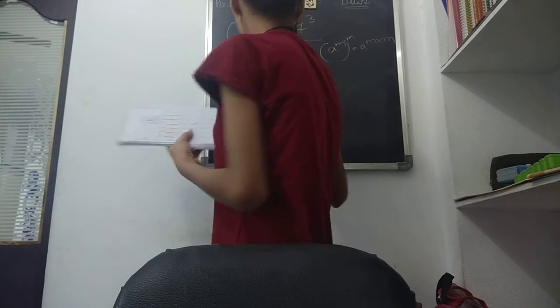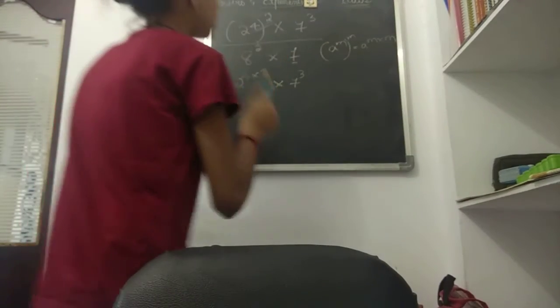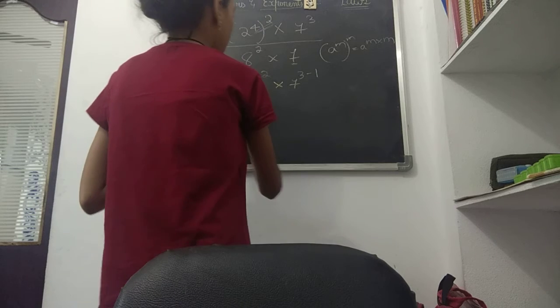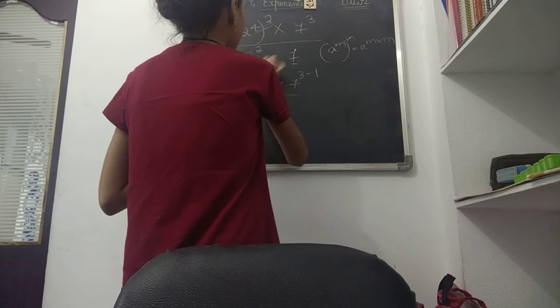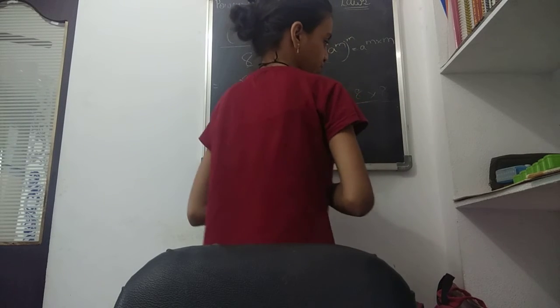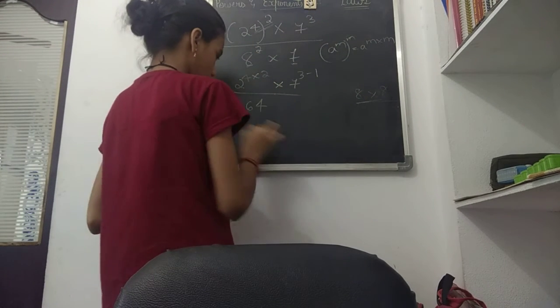Using this green property we can subtract this number, and it becomes 2, and 8^2 means 8 into 8. 8 into 8 is 64. So we can write 64 here for now.